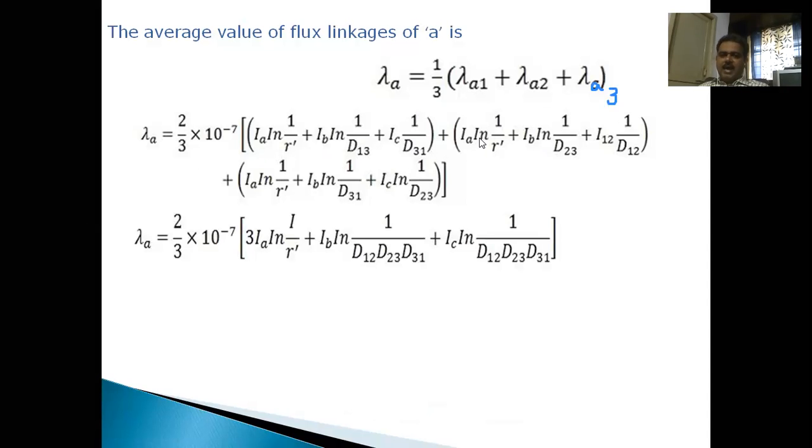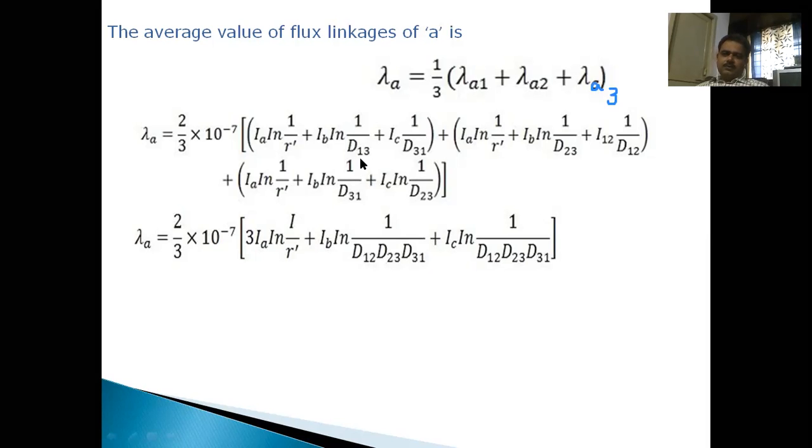Since IA, if we take common, 3 times IA ln 1/r dash plus IB. So here it is IB ln 1/D23 and D12. And again one more term is, so I think I have written a small mistake. Kindly go through the textbook, otherwise you can simply derive that one.